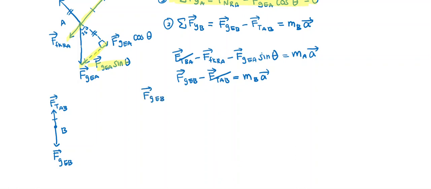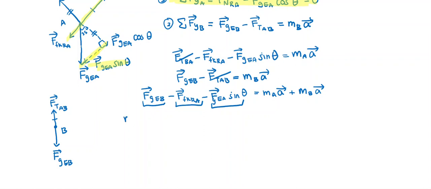So it's going to be gravity minus friction minus gravity in the x direction equals these added together. And then let's just expand these three out. So mass of B times gravity minus coefficient of kinetic friction times normal force.